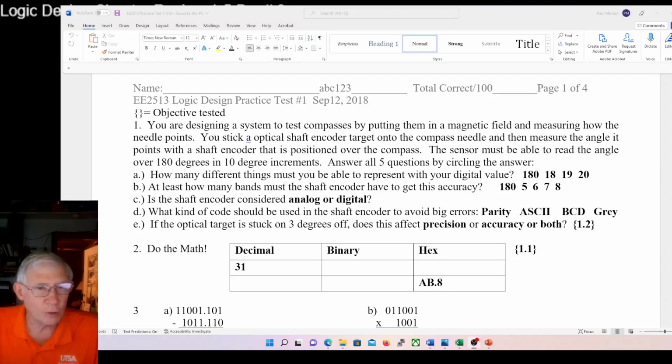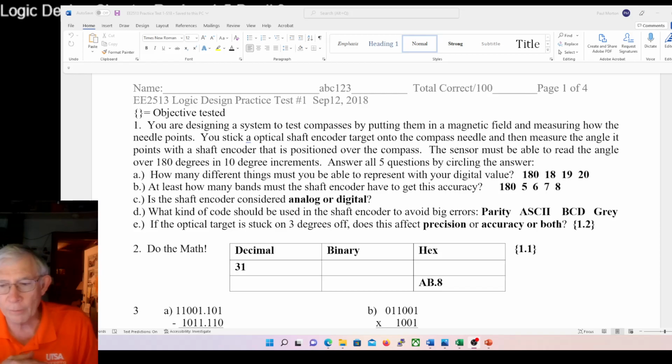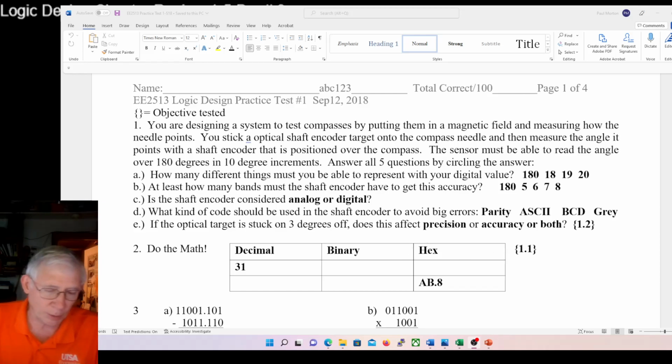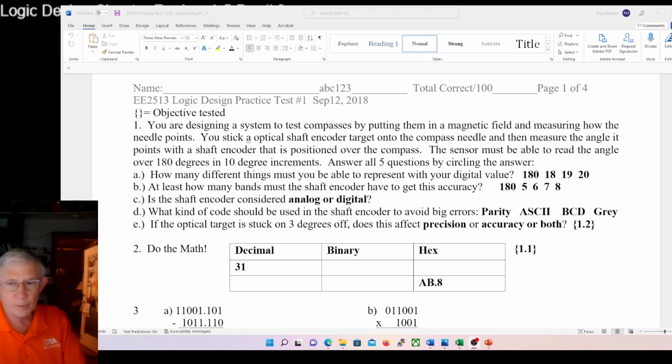I suggest you stop the video now, and then once you've worked through the test, turn it back on here at 11 minutes and 21 seconds, and then watch me work through this test. If you want to watch it, that's fine, but you'll get more out of it if you try and work it first. I think I printed this out, so let me do that, and I'm going to work through it.